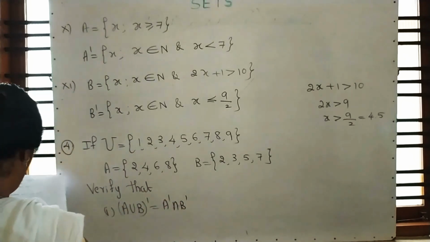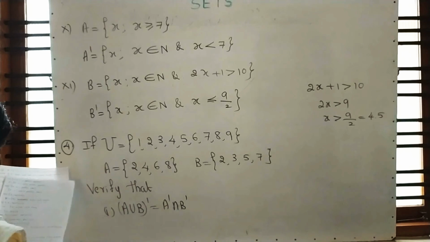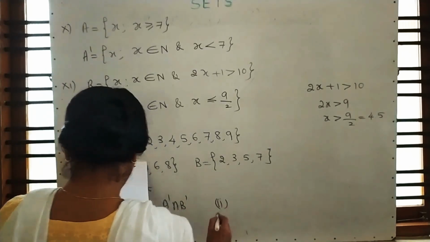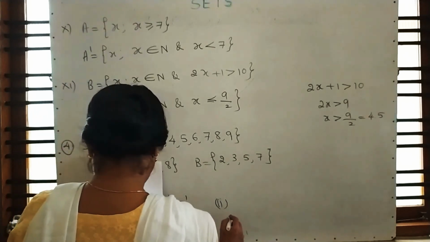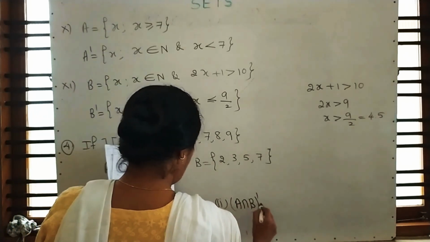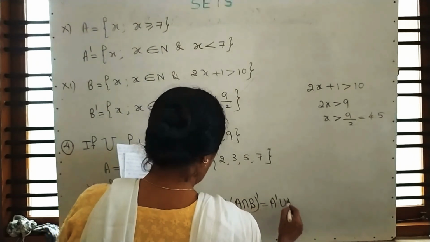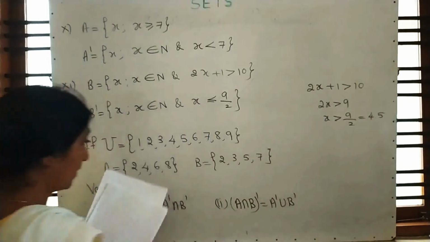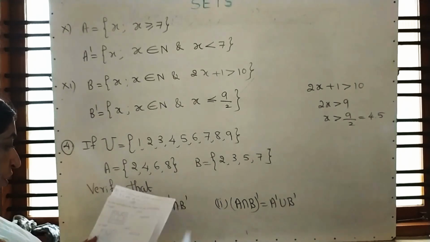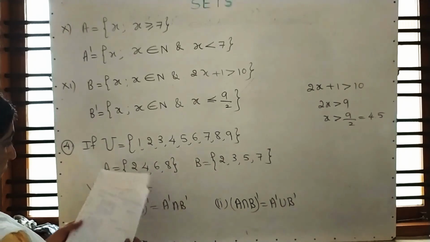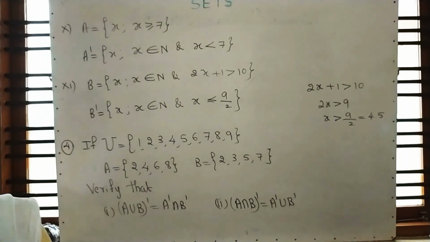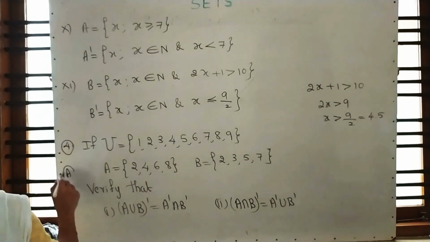I think you remember the points. They are nothing but De Morgan's laws. Second one, (A intersection B) complement is A complement union B complement. So these are De Morgan's laws. Try this. If you do not get it, I will explain that. Next, question number 5. This one is a homework question.